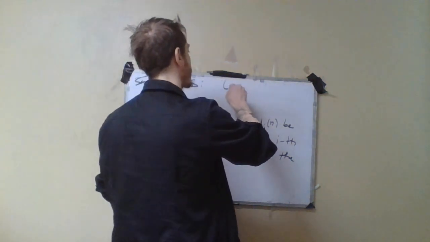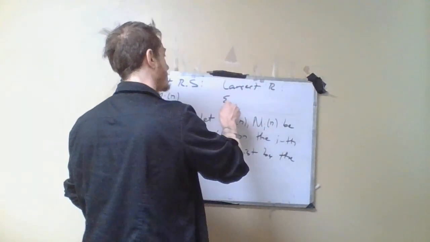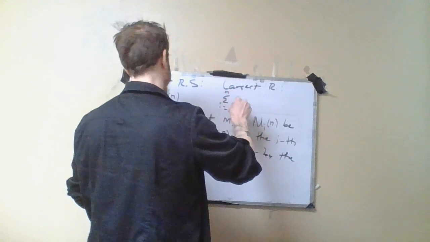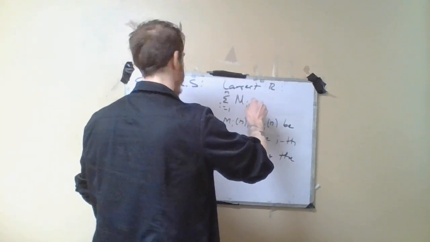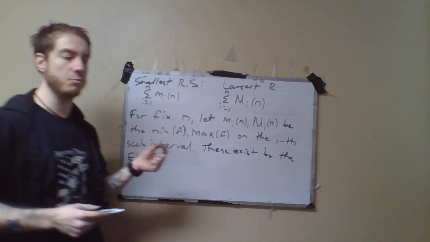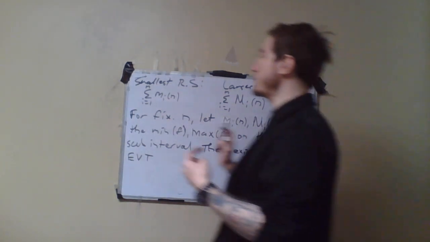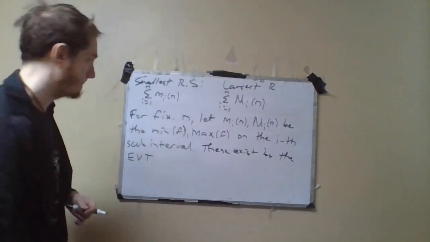And similarly, the largest Riemann sum is going to be the sum from i equals 1 up to n of the maximal values of f, because I choose my x_i stars to give me the largest possible value of f on that subinterval. That gives me the largest Riemann sum.